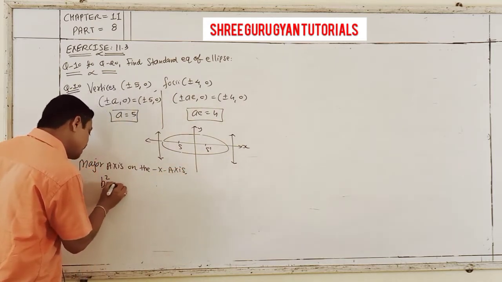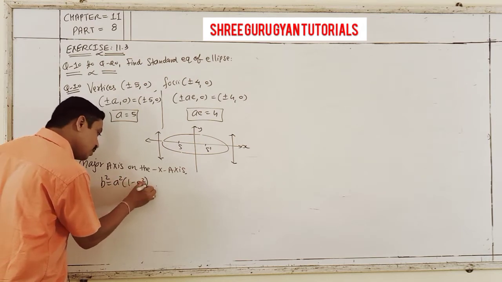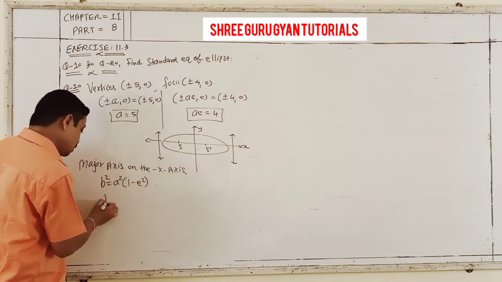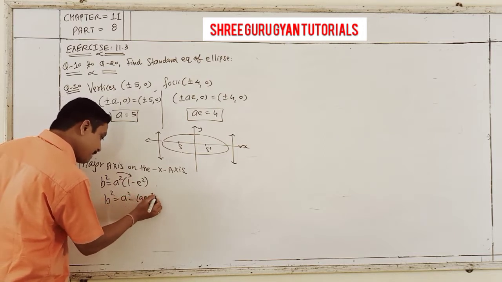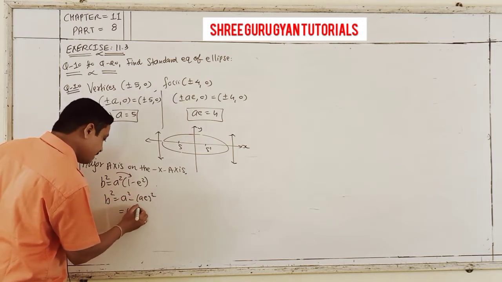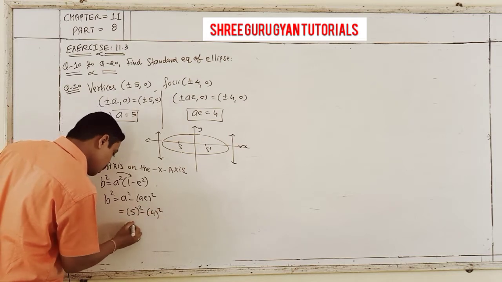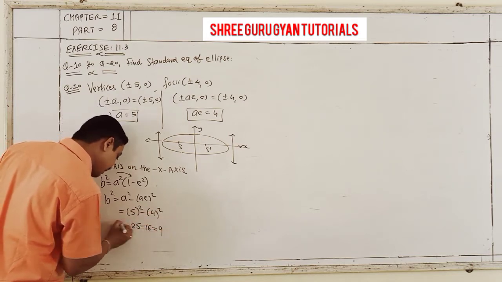That's why I go to point number 3 formula. b square is equal to a square into 1 minus e square. b square is unknown, but that you multiply: a square minus a square e square. What is a square? 5 square, 25. ae is 4, so 25 minus 16, it becomes 9.